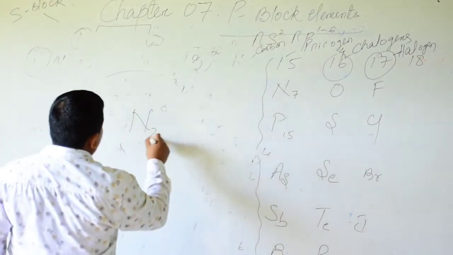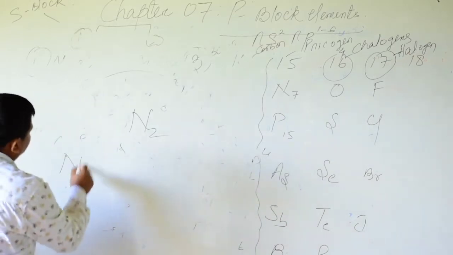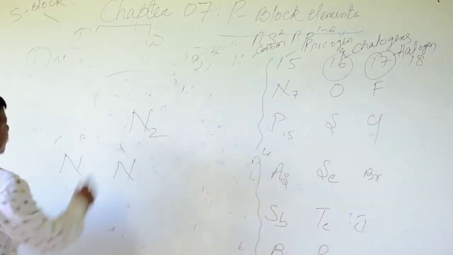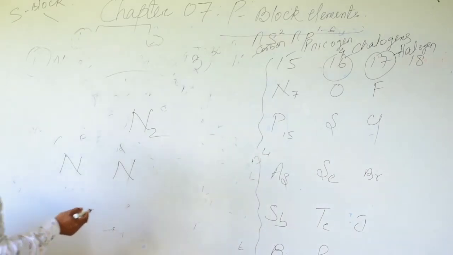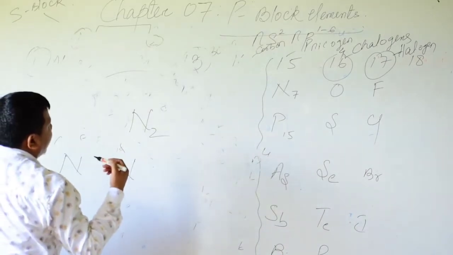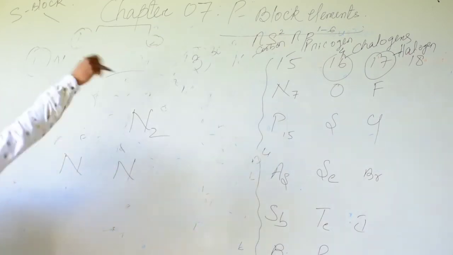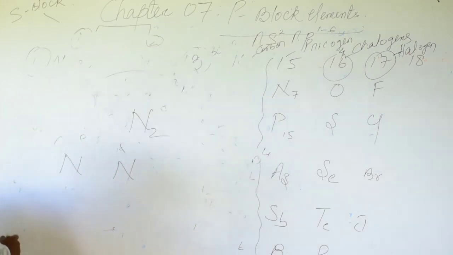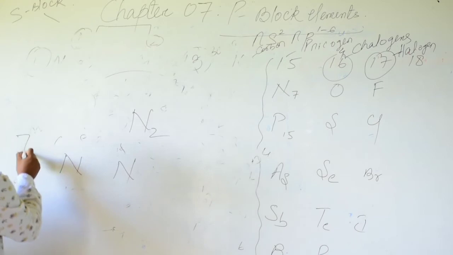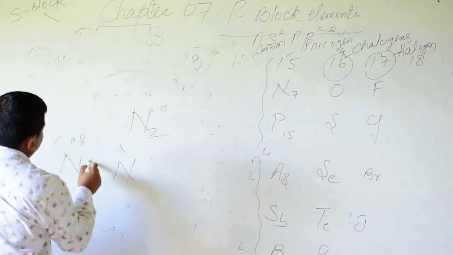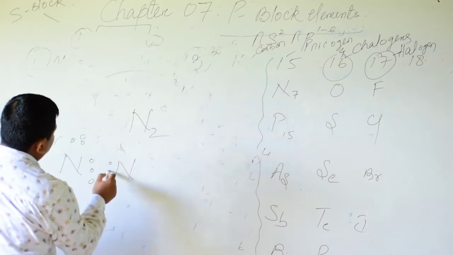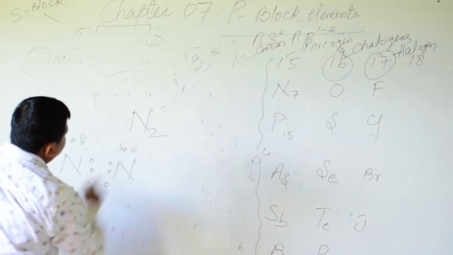Suppose N2, so N here, 1N, 2N. Since the atomic number of nitrogen is 7, out of 7, 1, 2, 3, 4, 5, 1, 2, 3, 4, 5.